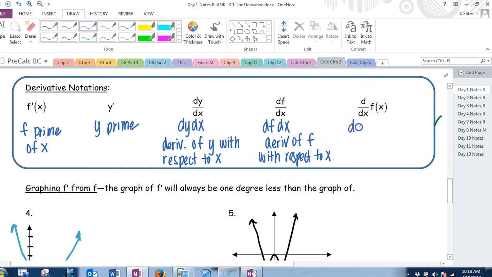You would say d dx of f at x, or you could say d dx of f of x. And this is just the derivative of f at x. All of these are notations that you will be seeing, so get used to it.